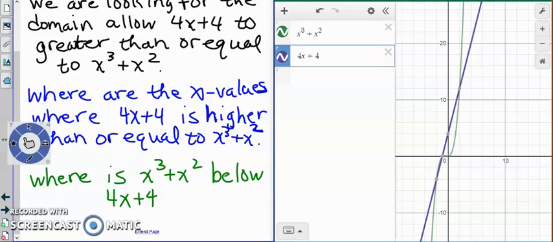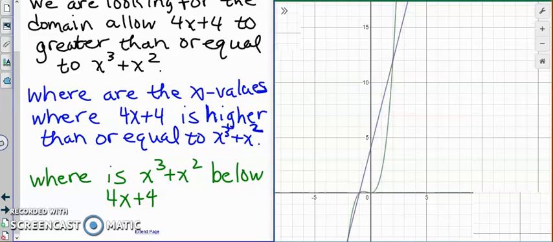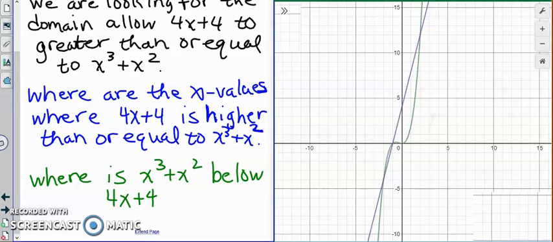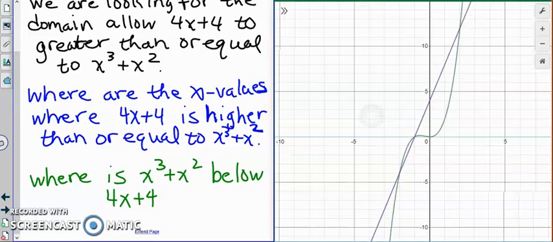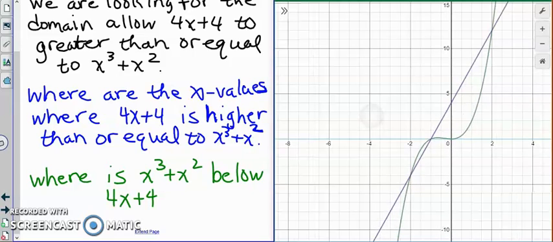So we know the 4x plus 4 is the purple function. We know x cubed plus x squared is the green function. We're trying to find out where is it greater than or equal to. So I'm going to get rid of that part really quick. We're going to pull it in a little bit. Right, let's widen it out. There we go. That looks better.